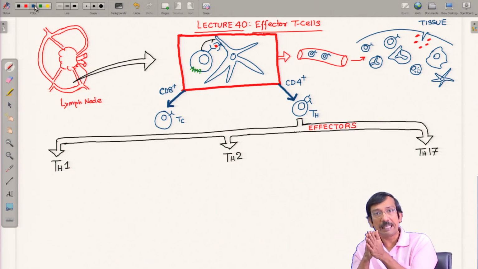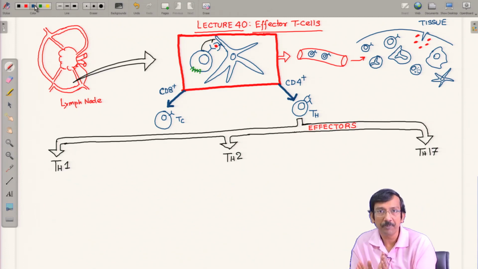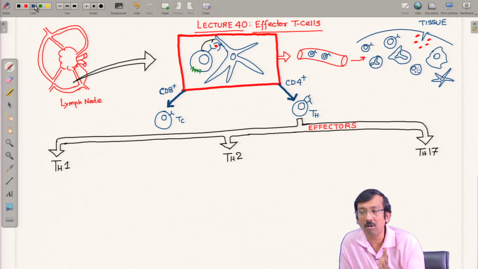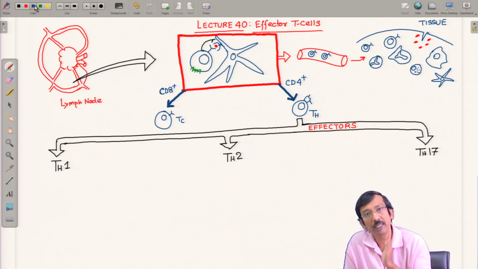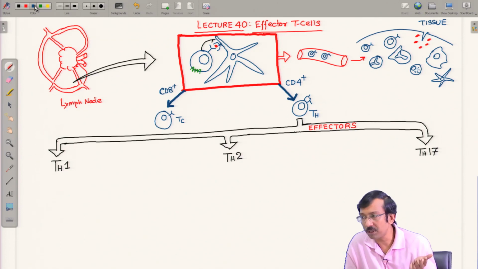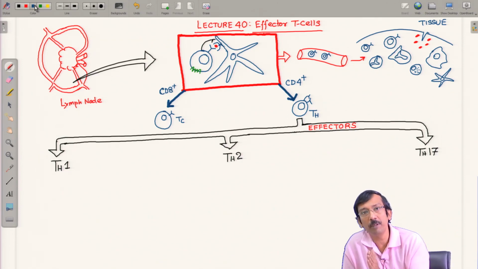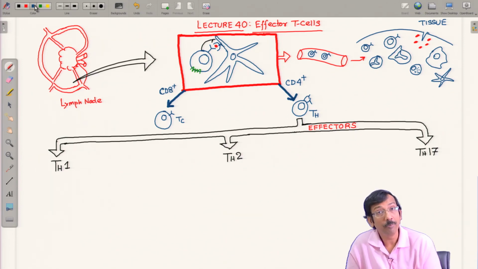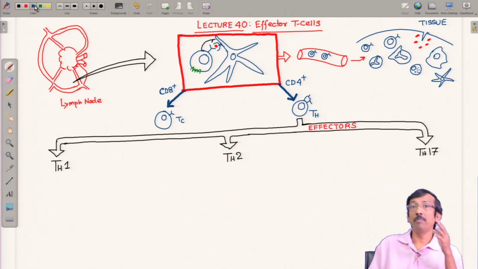For example, if you go back to the activation and differentiation of the T cells, you will see that be it a CD8 plus cell or a CD4 plus cell, the CD8 plus cell will develop into a cytotoxic cell, and the CD4 plus cell will develop into a helper cell. Be it a CD8 or a CD4, you have either the memory cells or the effector cells.